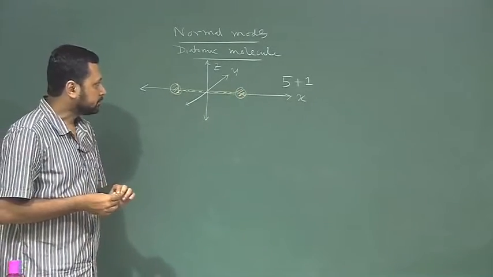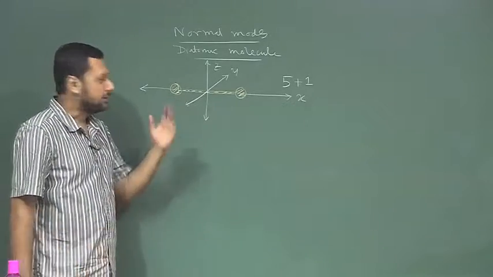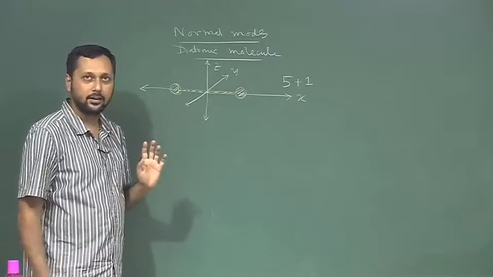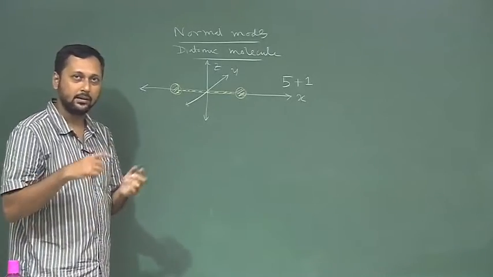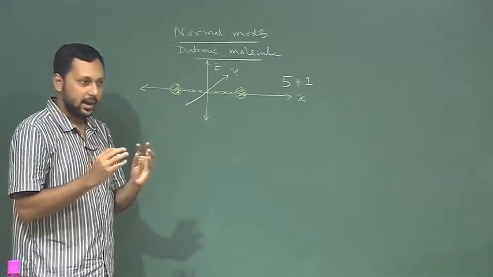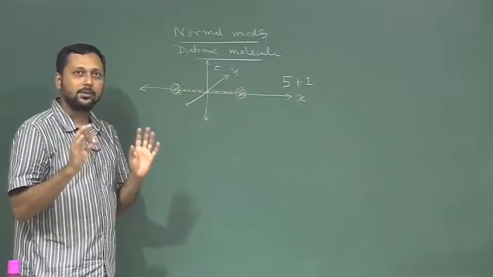So it can translate along x, it can translate along y, it can translate along z, it can rotate around y, it can rotate around z, and it can vibrate along x. So these are all possible types of motion.